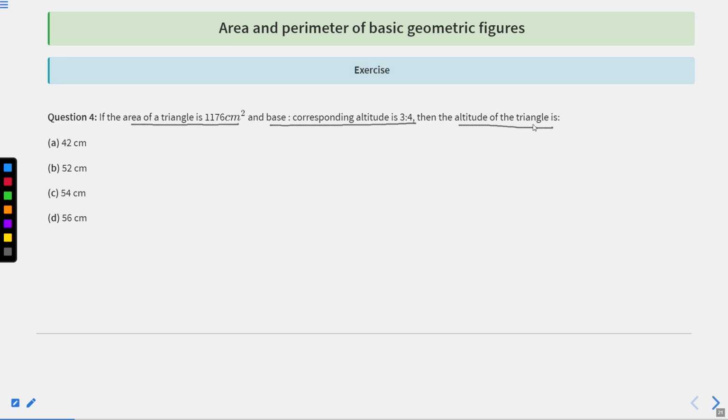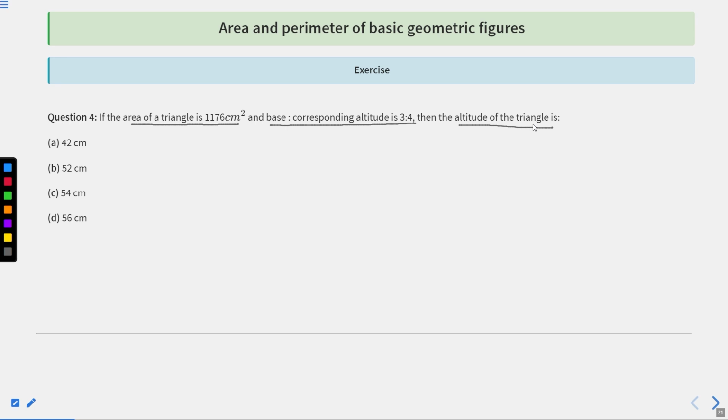So now, first of all, recall which formula deals with the altitude of a triangle, or let me rephrase myself. Since you are provided the area of the triangle, we are going to look into the area formulas. We have Heron's formula, we have half base into height. Which one of these are we going to use?